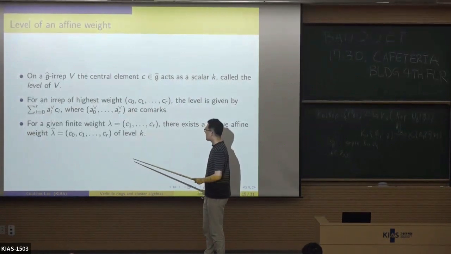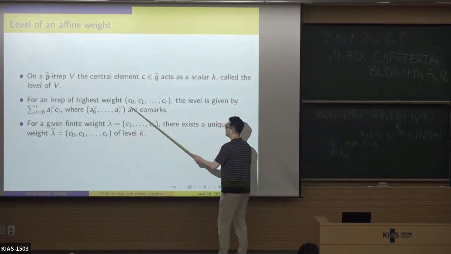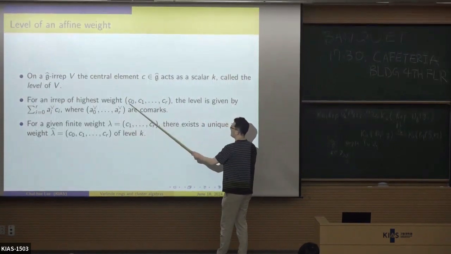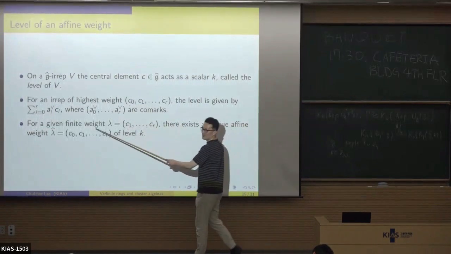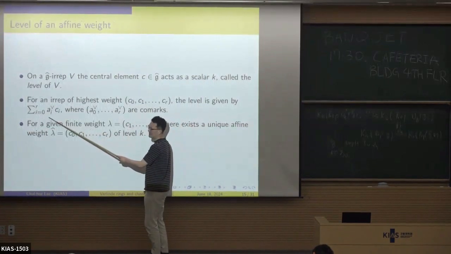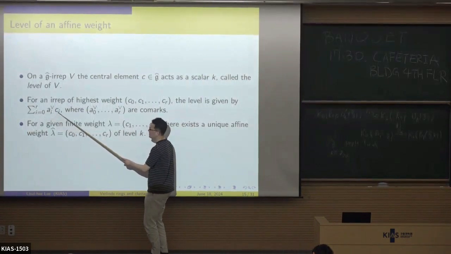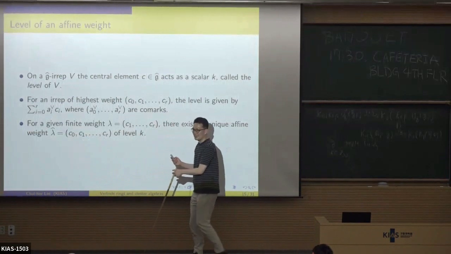Yes, if these are arbitrary, you can still make this become k by choosing c0 in a certain way. Clear?